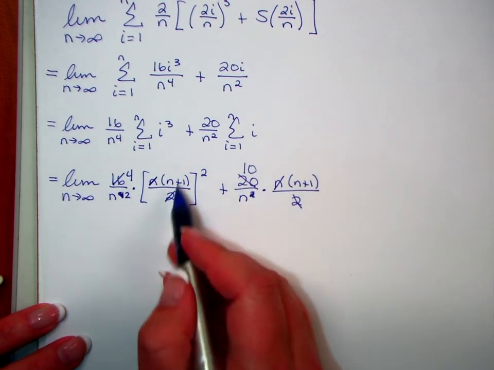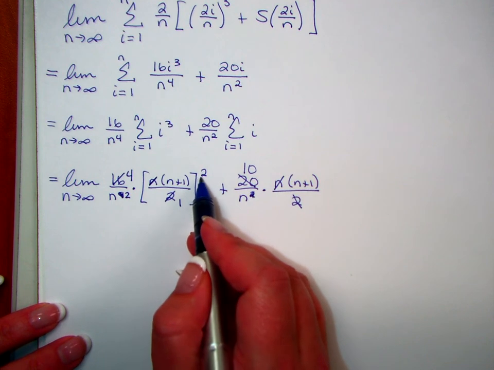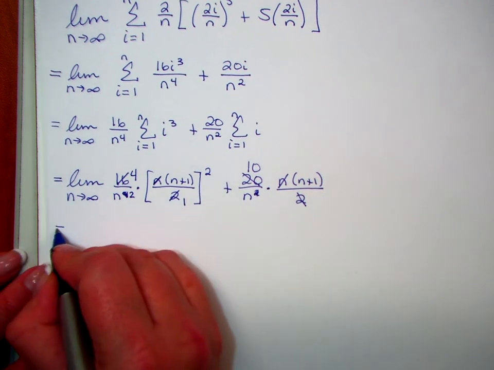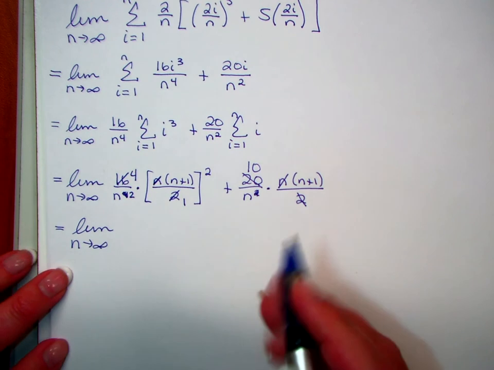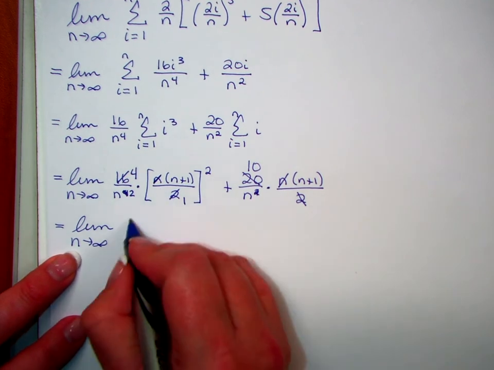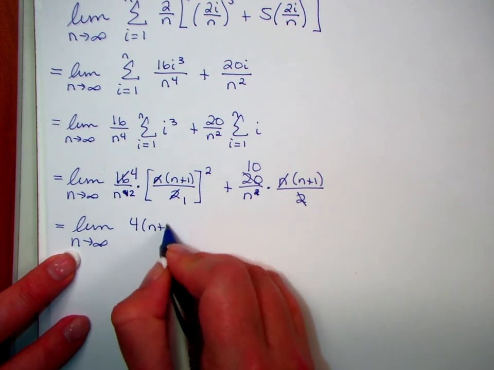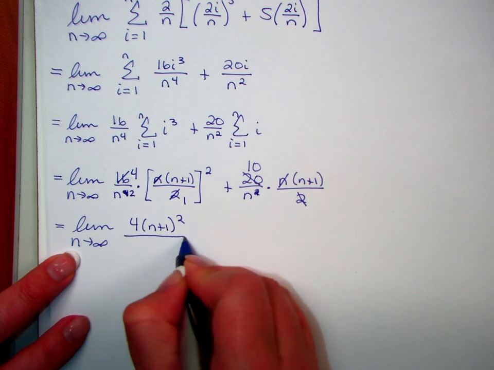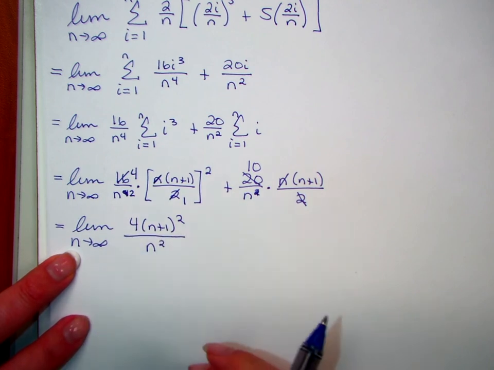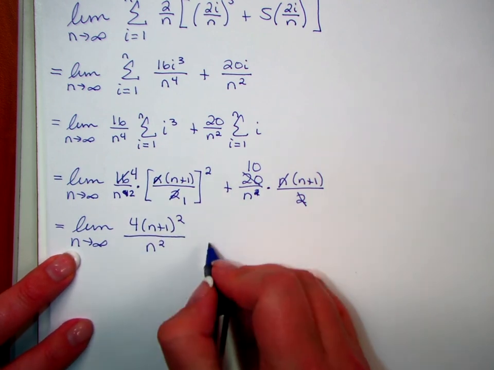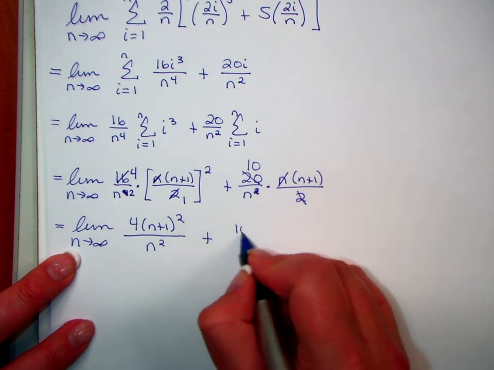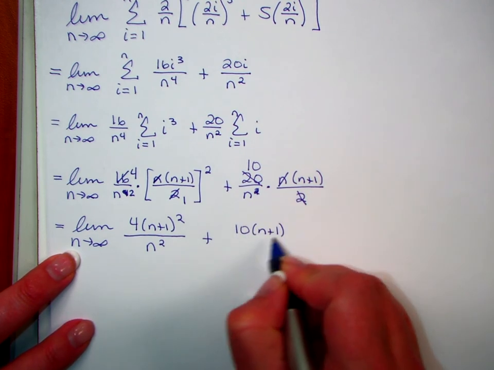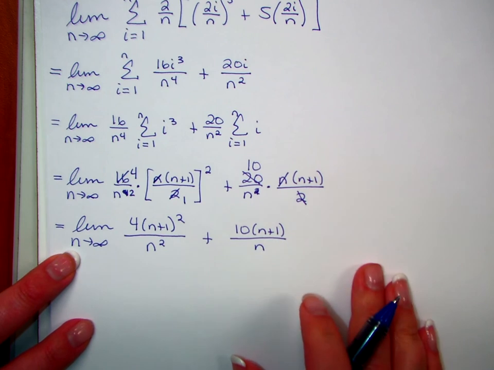You just have to be really careful when you've got an i cubed in there. So now we got the limit as n goes to infinity. Up top, we have 4 times n plus 1 squared over n squared. Here we have 10 times n plus 1 over n. Everybody agree?